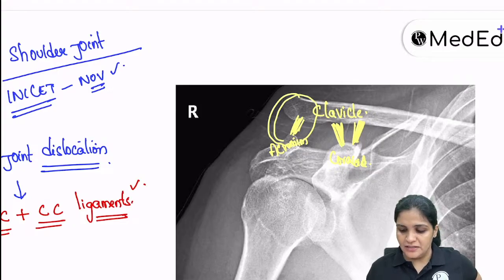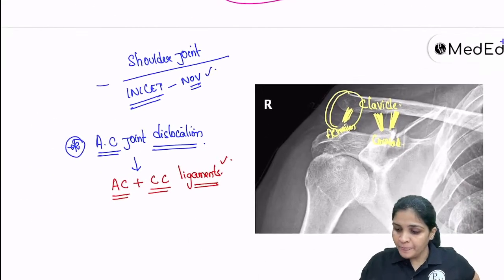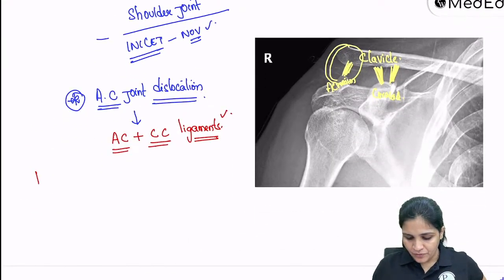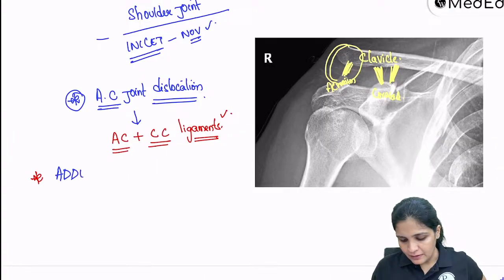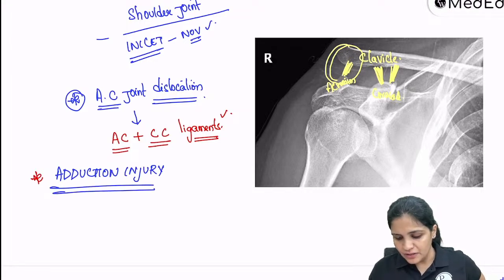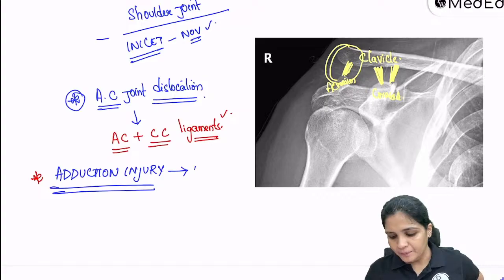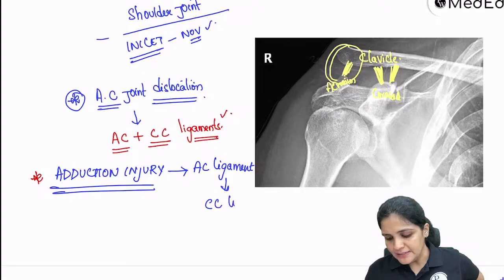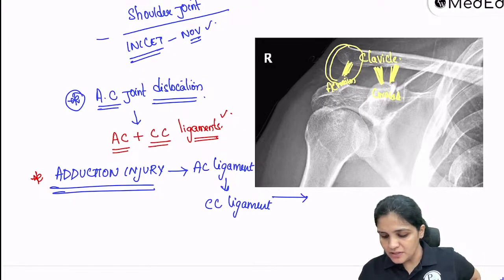And there is a capsule also like this. Whenever there is an injury, usually the patient will have an adduction injury. Whenever there is an adduction injury, first there will be AC ligament damage followed by CC ligament damage.